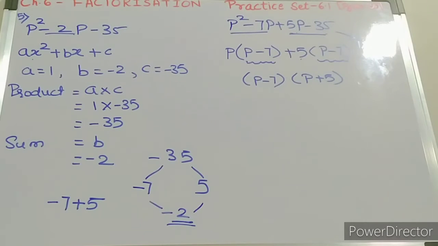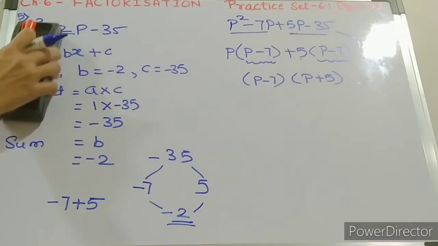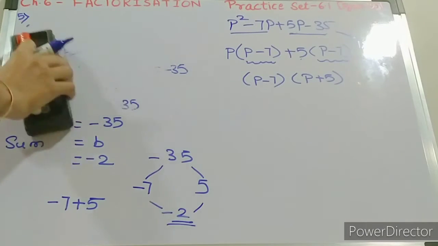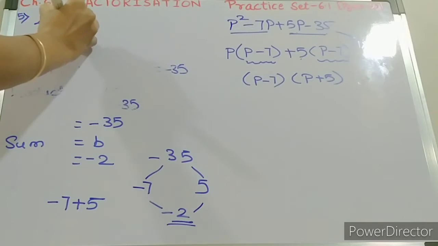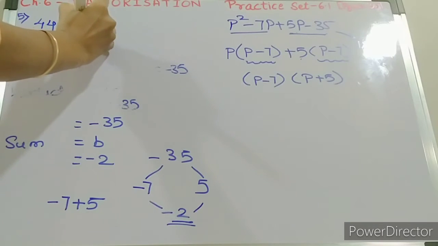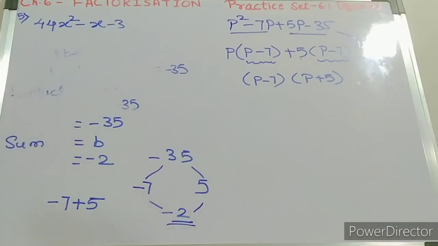Now the last sum from practice set 6.1 is 44x square minus x minus 3.